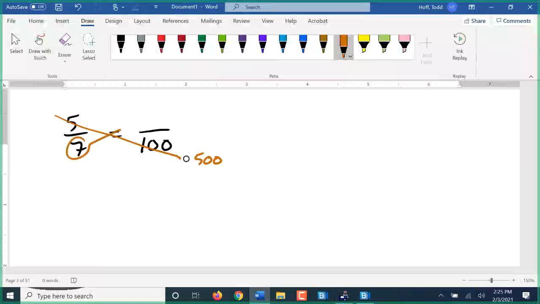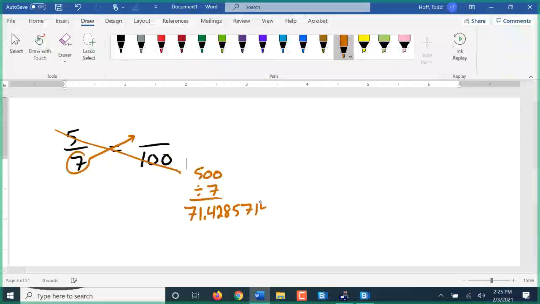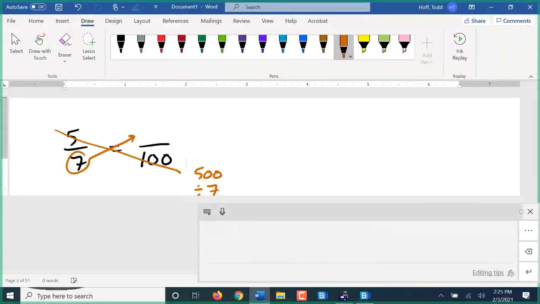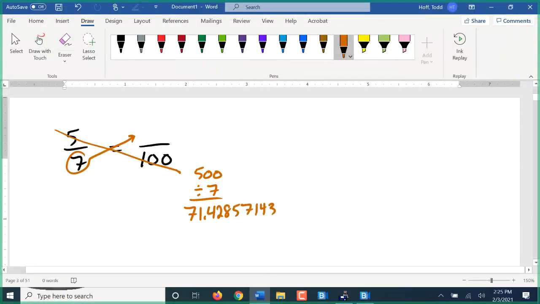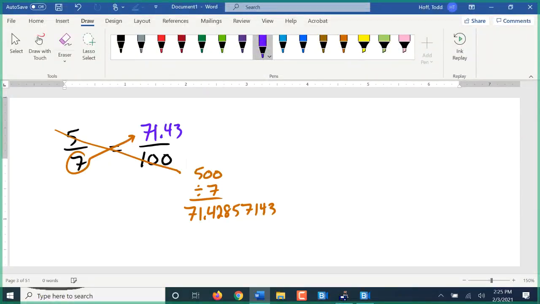The number that's diagonal with our missing number is the 7. So we divide by 7. That's going to give us 71.42857143 approximately. Rounded off, we'll call that 71.43 out of 100, or 71.43%.